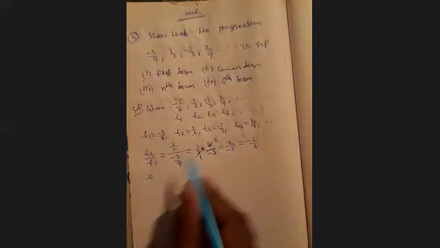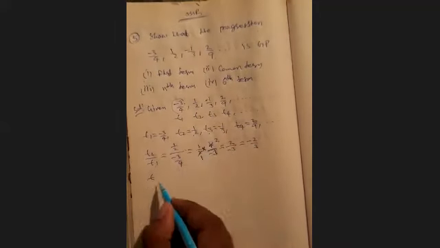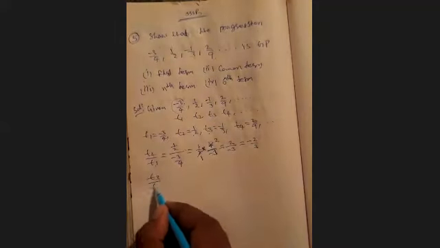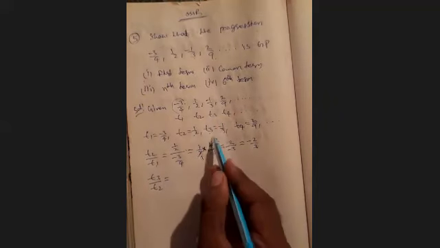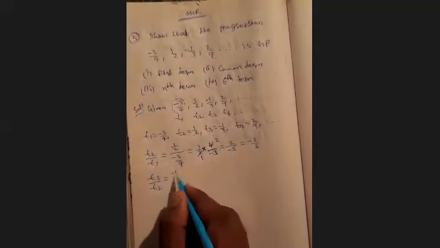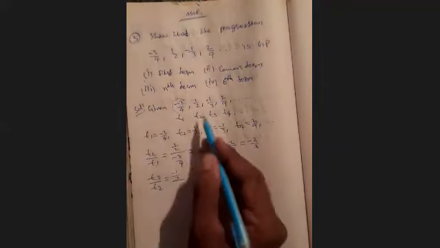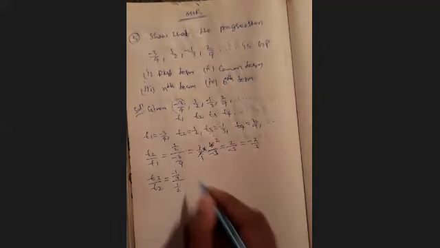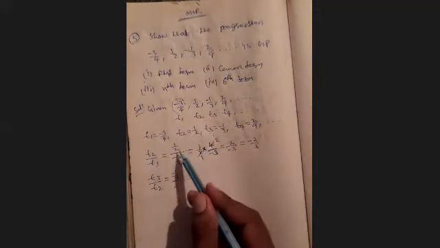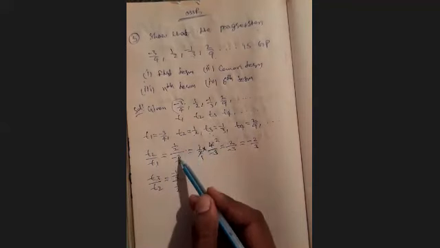Again I'm finding the ratio, T3 by T2. What is T3? T3 is minus 1 by 3, divided by what is T2? T2 is 1 by 2. This will be the numerator, this will be the denominator.